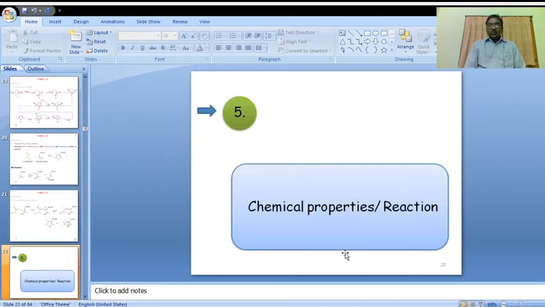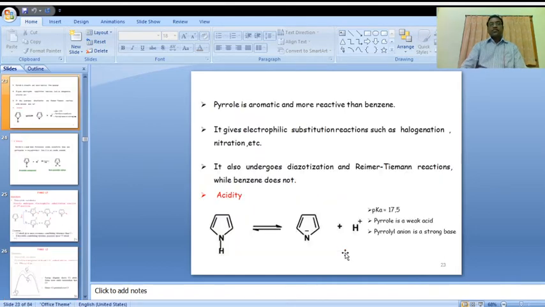Now let us go to chemical properties of pyrrole. In these chemical properties, some of the reaction part is also involved. Pyrrole is aromatic and more reactive than benzene. When we compare with benzene, benzene is purely carbocyclic and it is a beautiful example of an aromatic compound.